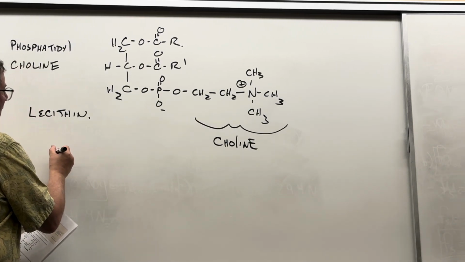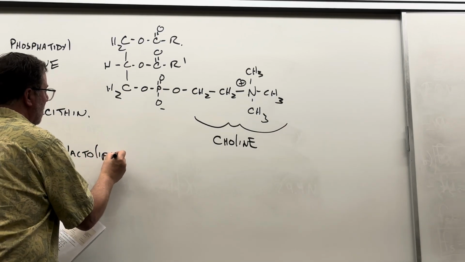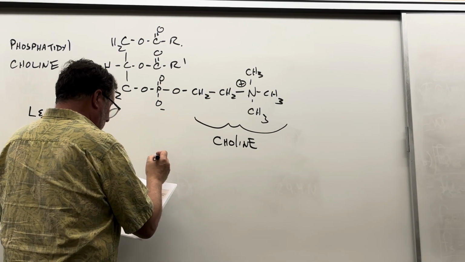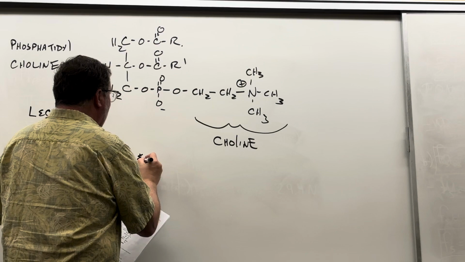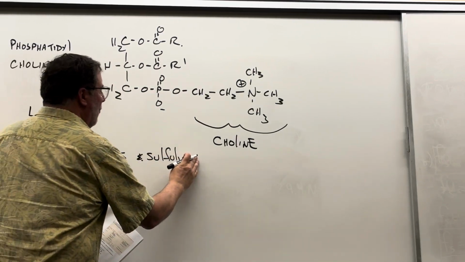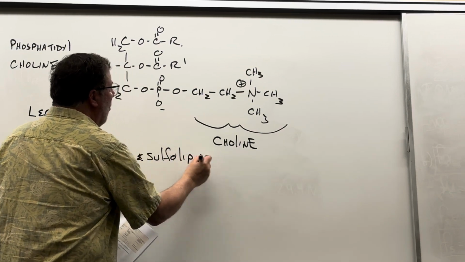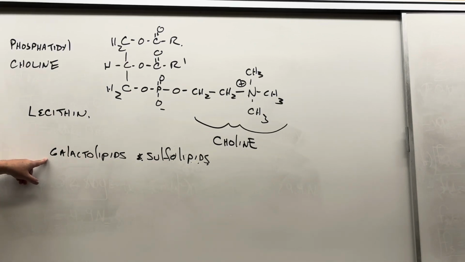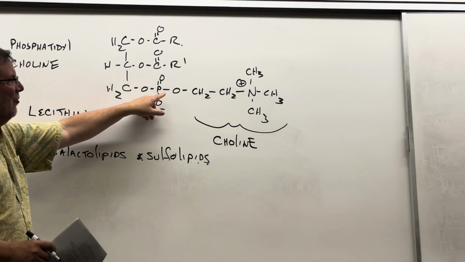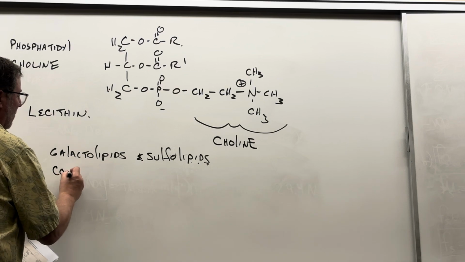We also can have galactolipids and sulfolipids, in which the polar group has either galactose, a sugar, coming off at this position, or various different sulfur-containing compounds. These are common in chloroplast membranes.